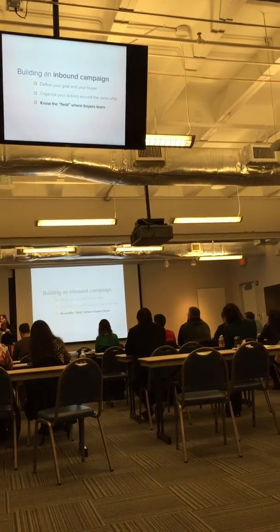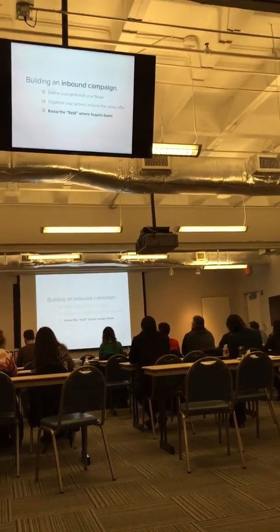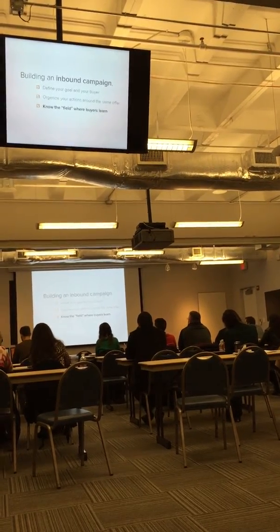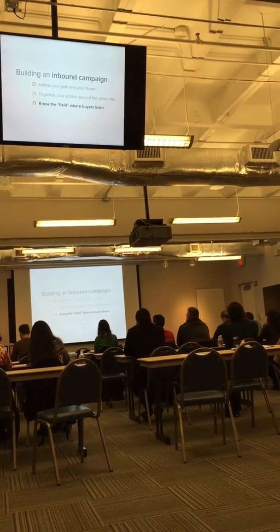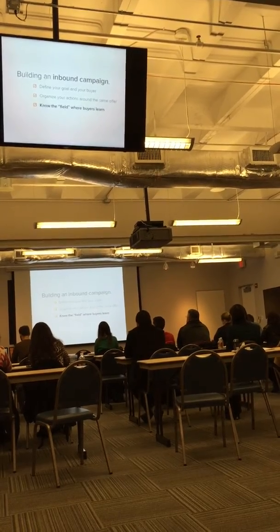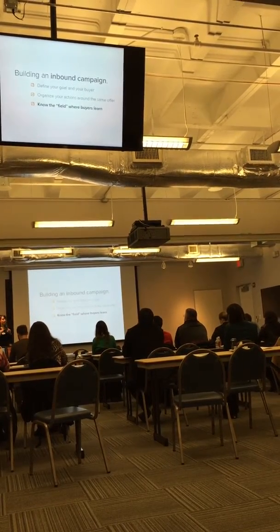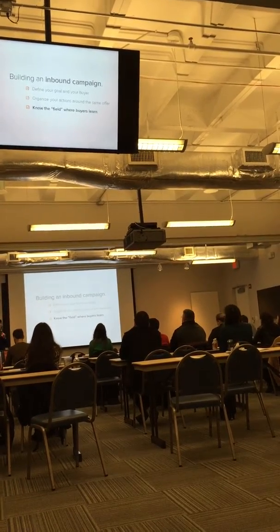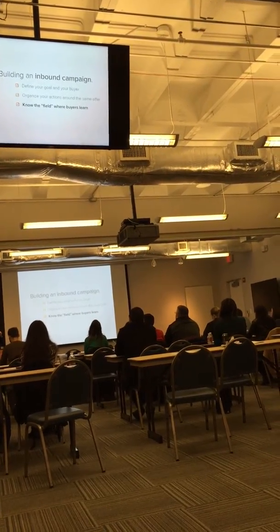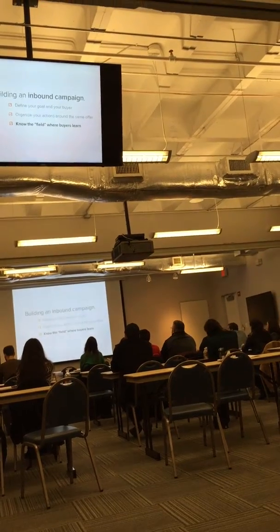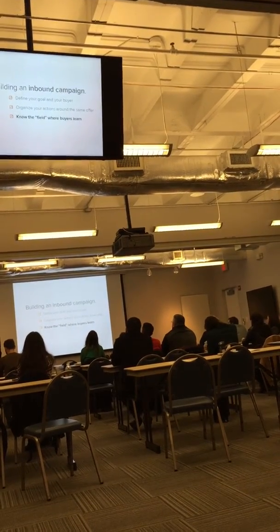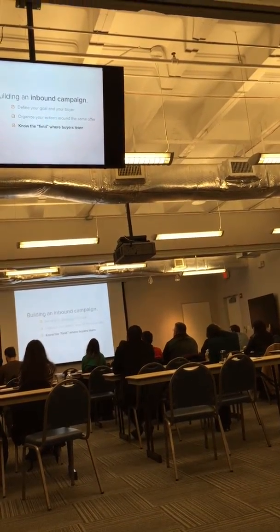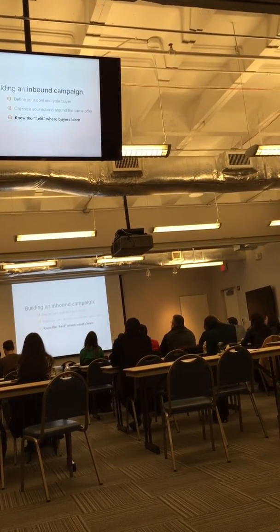One of the exercises that we did with the persona was: what tools do they use? Where do they get their information? So maybe you might find that for your specific persona, where they get their information is LinkedIn. That's where they spend a lot of their time. Maybe they're a recruiter, and so they spend a lot of their time on LinkedIn, but they don't spend a ton of their time on Twitter and Facebook.